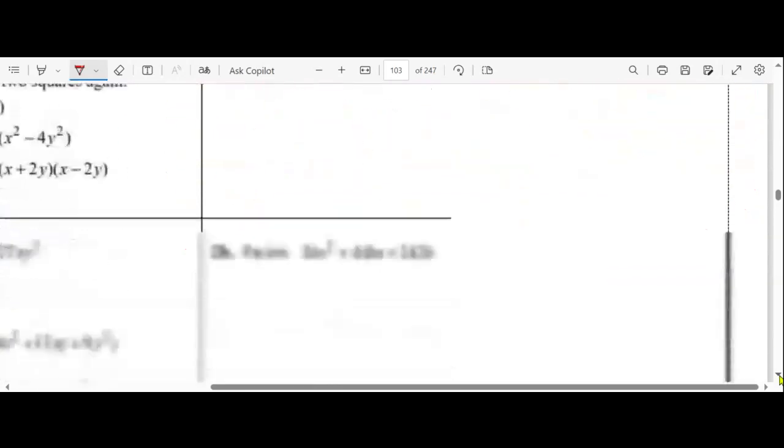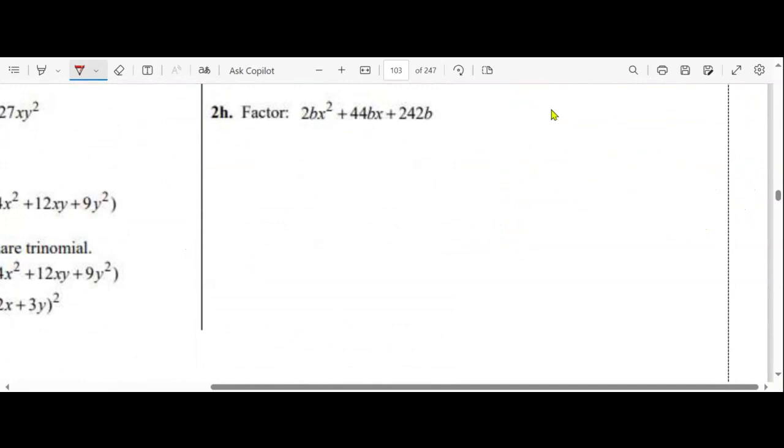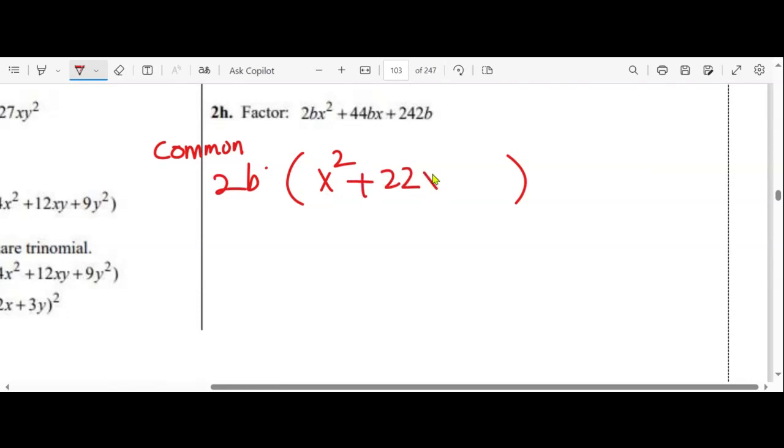Next one. Last one in that section. What is common here? 2. And what? B. And what else? Not x. X is not common here. So what's left? X squared plus.